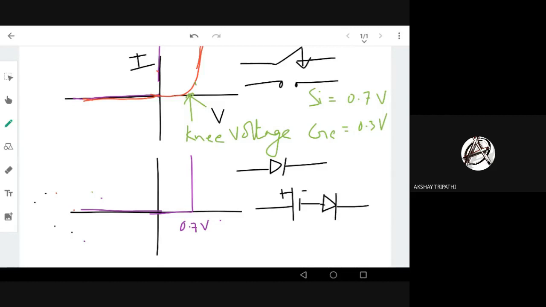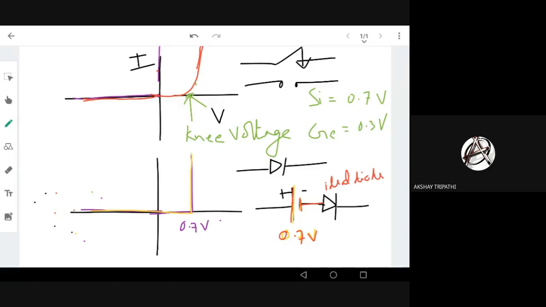Okay. So what I have done in this model, to show the voltage drop 0.7 across the diode, I have kept a voltage source which is 0.7 volt, and a series ideal diode. Right. This is an ideal diode. Very, very important point. This is an ideal diode.